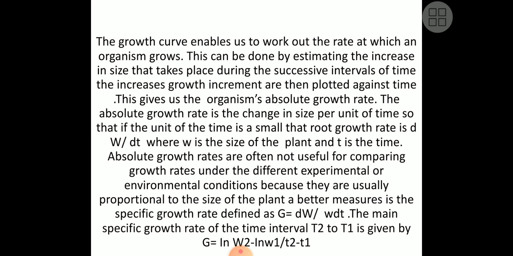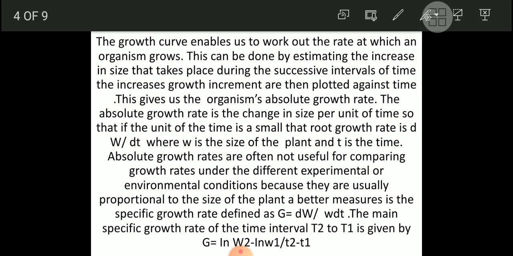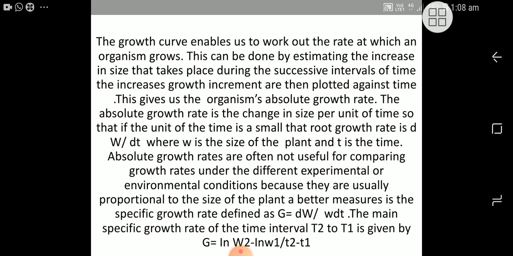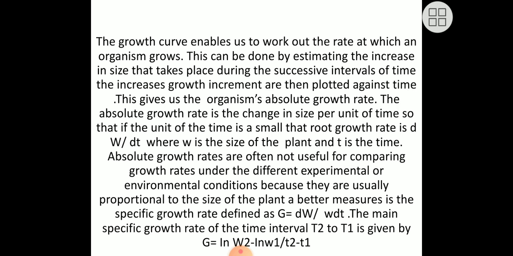The absolute growth rate is the change in size per unit of time, so that if the unit of time is small, the growth rate is dW divided by dt, where W is the size of the plant and t is the time.